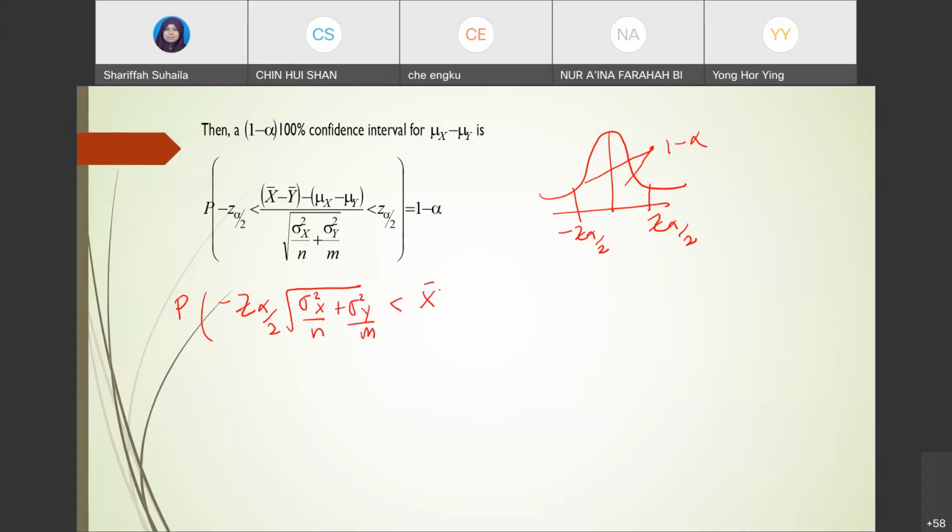So let's say you have your X bar minus Y bar minus mu x minus mu y, over the square root of the variance, less than z alpha over 2, equals to 1 minus alpha. Okay. So the same thing, kita nak rearrange dia punya yang kat tengah tu.